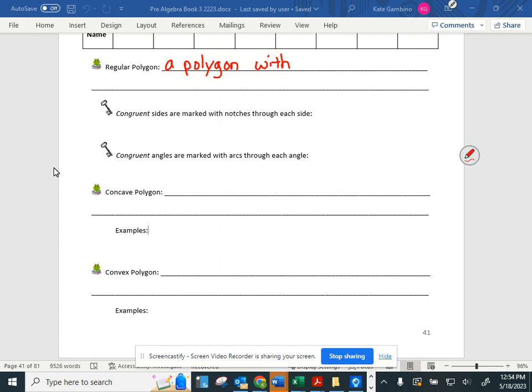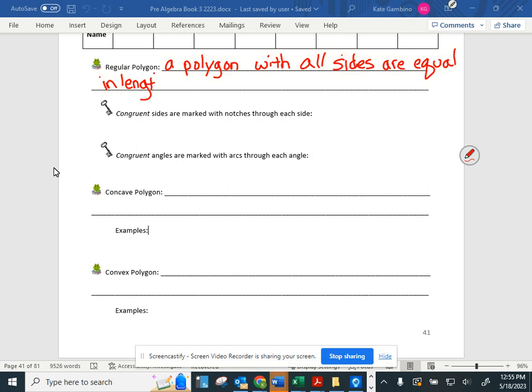Ooh, good guess. Not parallel sides, horizontal. All of the sides. Who said that? Alexis said it first. All the sides are equal in their length.